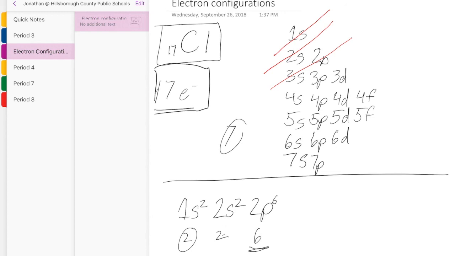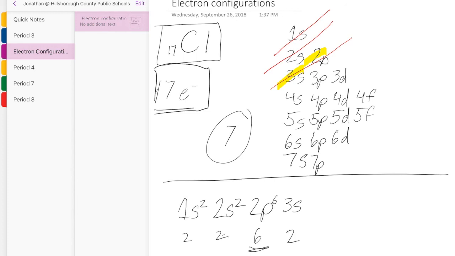Now, since we have 7 left, we can still go to the next one. We've done 2p up here. Now we need to do 3s. How many more electrons do we have? 7. How many electrons can s fit? S can fit 2.